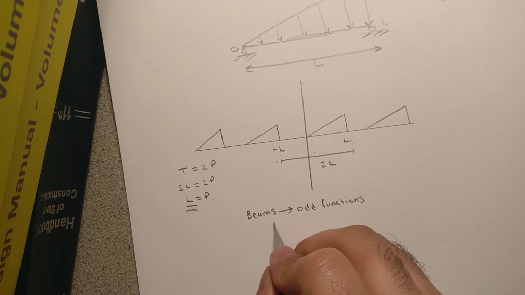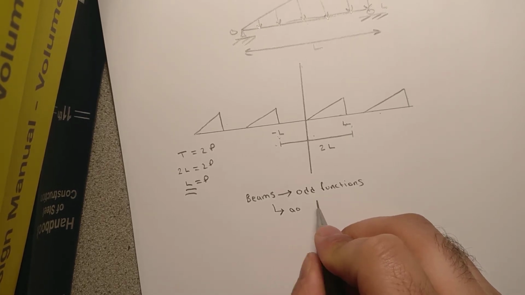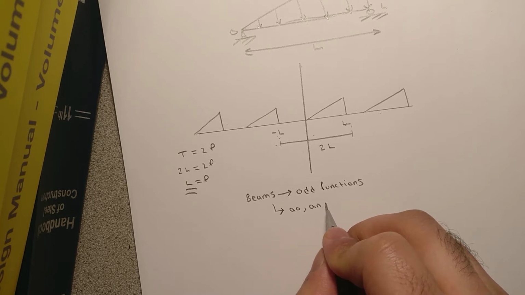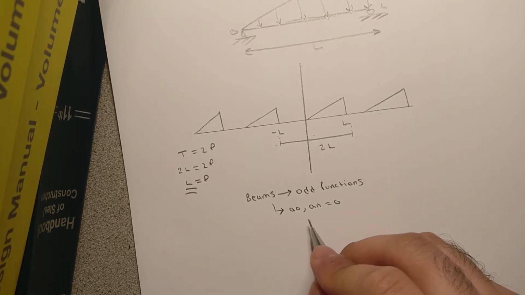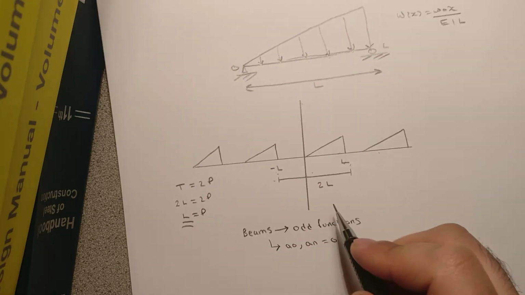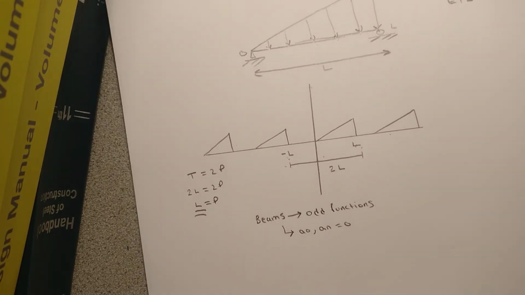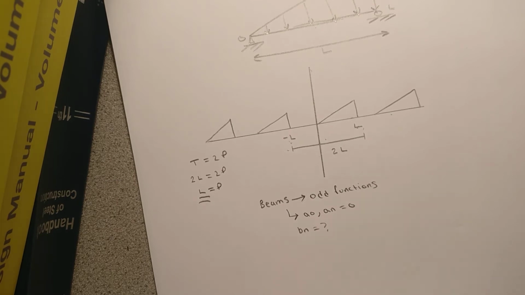Since we have an odd function, we can also say that a naught and an are equal to 0. I'm not going to do the proof for these, but you can find that these two will equal 0 if you try to solve for them. This is an odd function. But we will have a Bn. We don't know what it is, but we're going to have to solve for it.